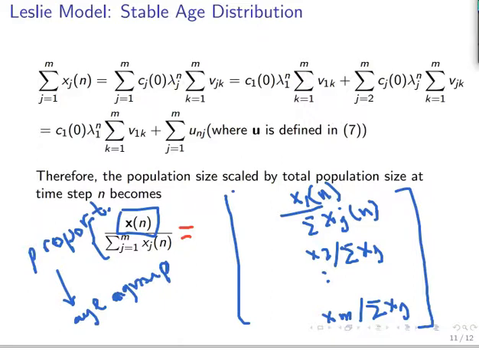That proportion may be 0.20 or 0.40 or something like that, right? And this is a proportion, but this expression is still at time n. So even though it's a proportion, it's at each time step.